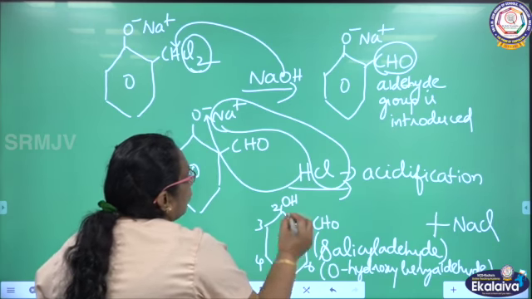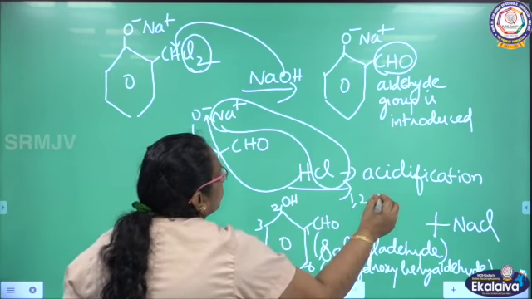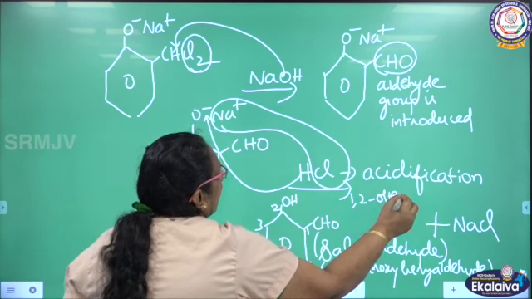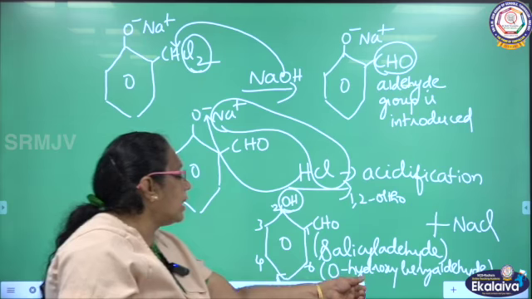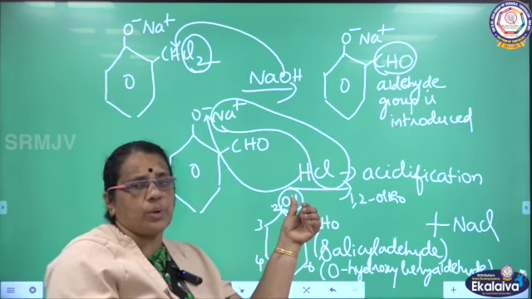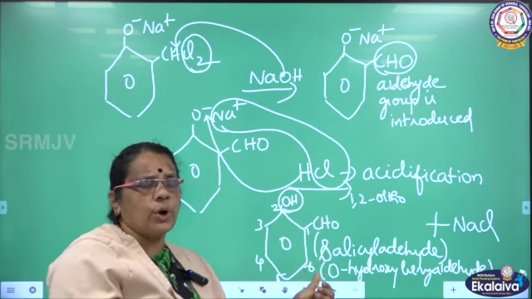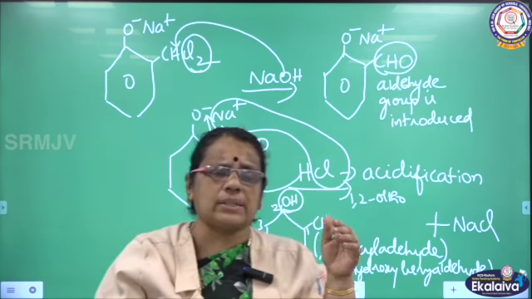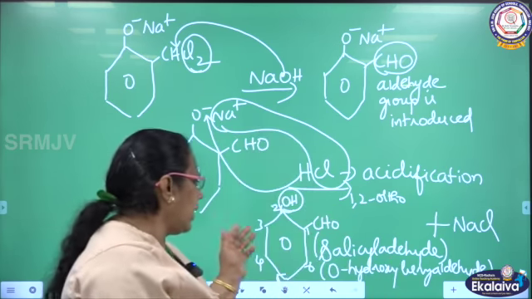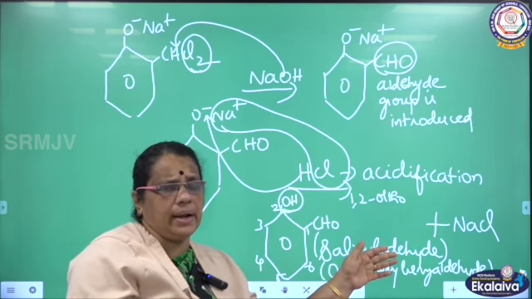So 1, 2 position is ortho. In the ortho position, hydroxy is substituted. So hydroxy is taking up the ortho position, the 1, 2 position. So it can be called either orthohydroxybenzaldehyde or salicylaldehyde.